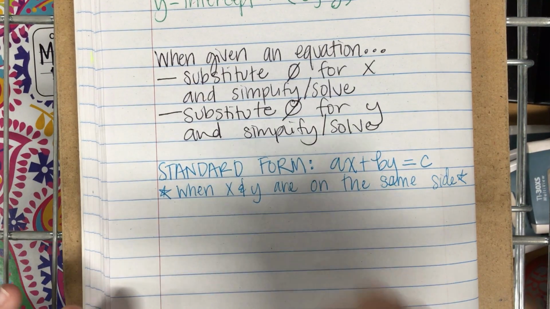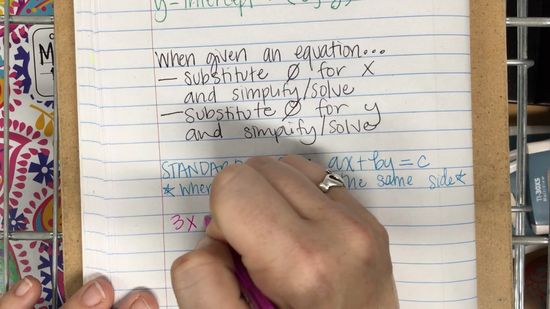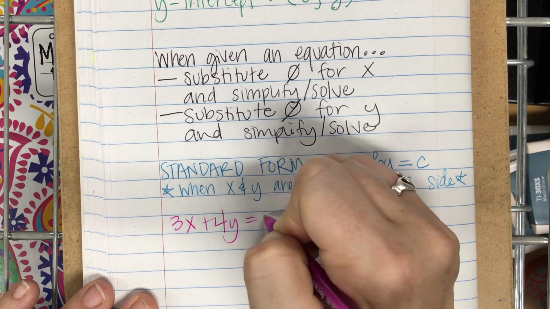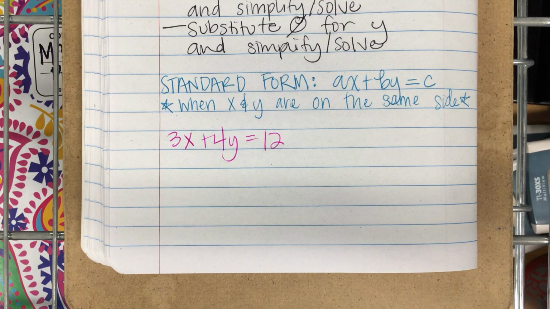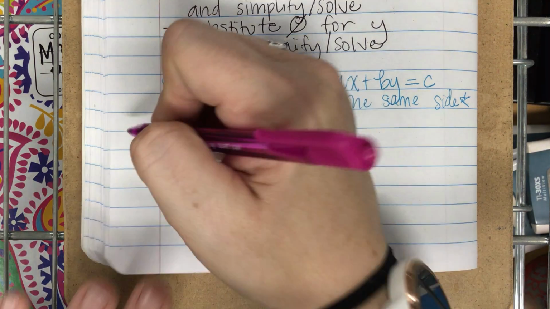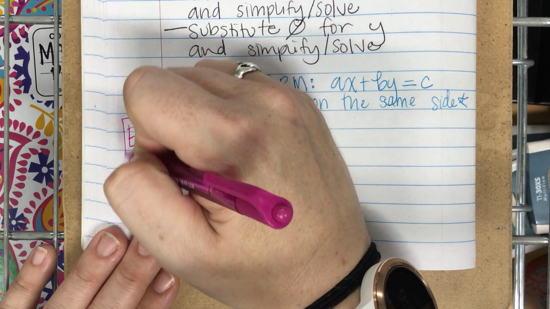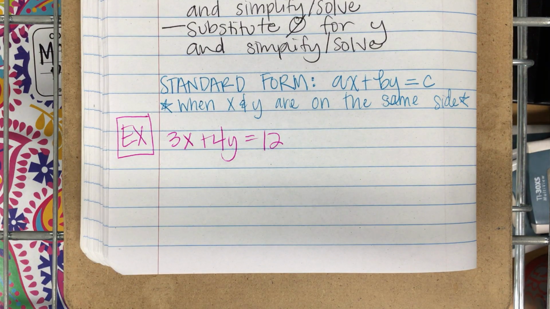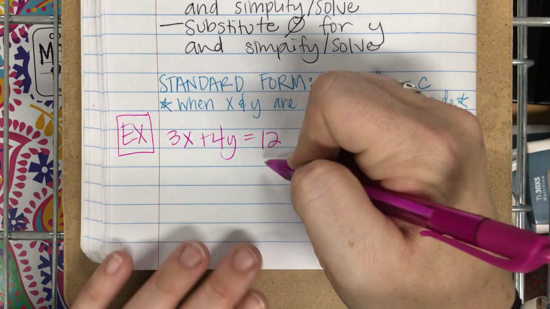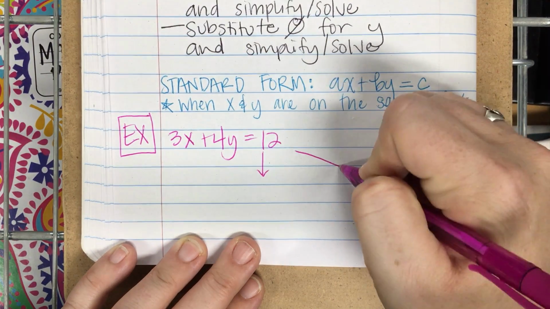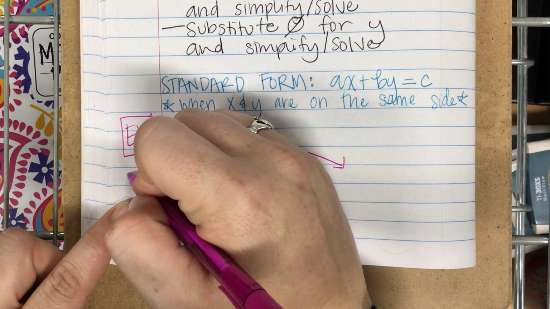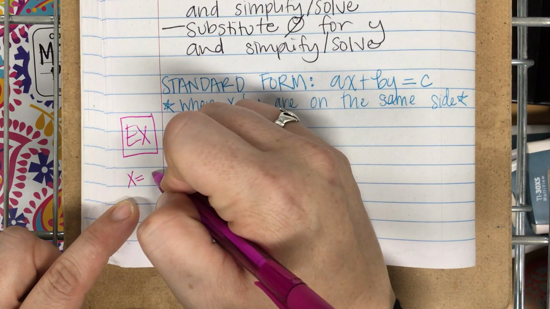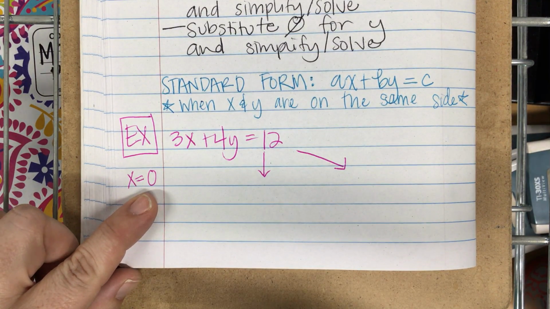So, for example, if I gave you this equation, 3x plus 4y equals 12, and we say find the intercepts, we have to substitute twice. The first time, I'm going to put 0 in for x.